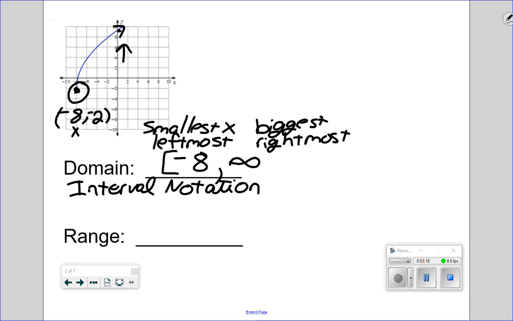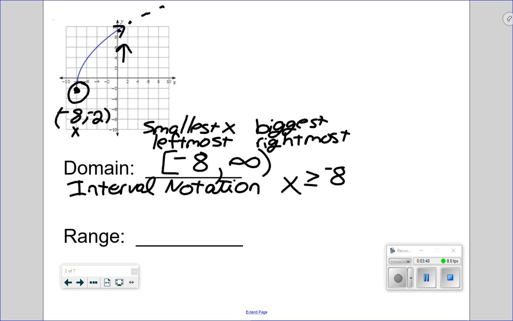The x values will continue to get bigger and bigger and bigger. We just can't see it, but that arrow tells us it goes up forever. So our highest x is infinity, and we always use a parenthesis around infinity. So that's how you do the x. Basically, this is telling you that our x values on this graph can go from -8 and on up. It's kind of like saying x can be anything bigger than or equal to -8.